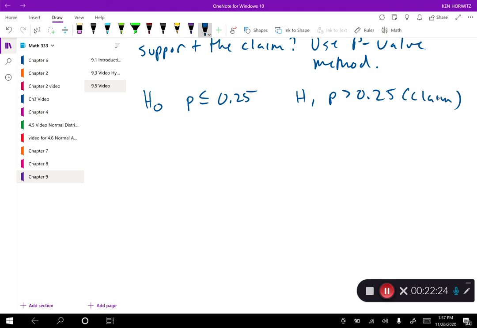All right, so now we're going to go right into our test value. And our test value is z equals, right? We'll use our p hat. Our p hat is going to be that 63 over 200.